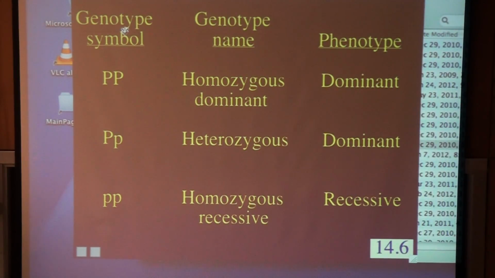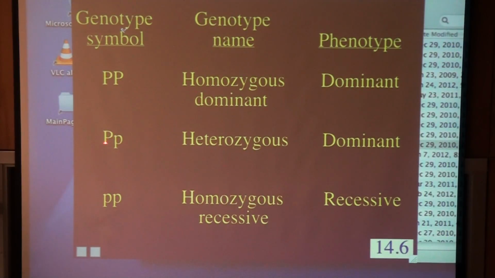If the organism has two of the dominant alleles, in other words, if it's big P, big P, you say it's a homozygous dominant genotype. You can say big P, big P, or you can say homozygous dominant. Homozygous means two of the same allele, and since big P is the dominant allele, you can say it's homozygous dominant.